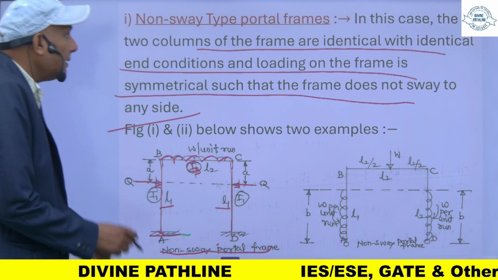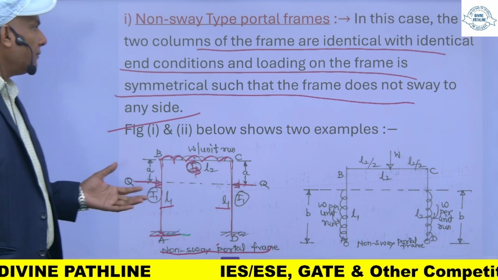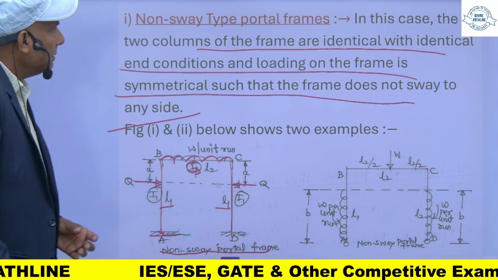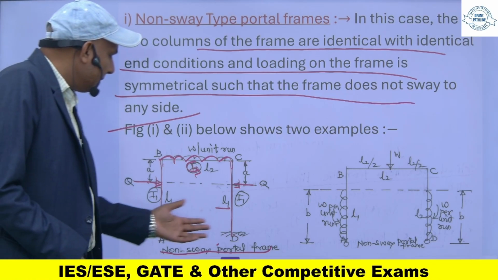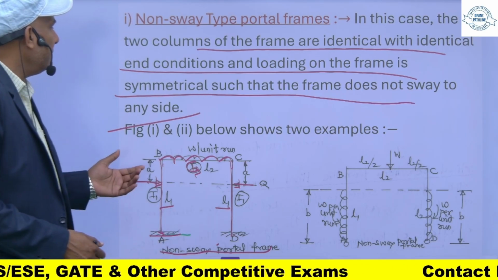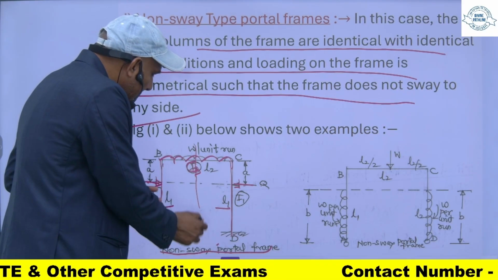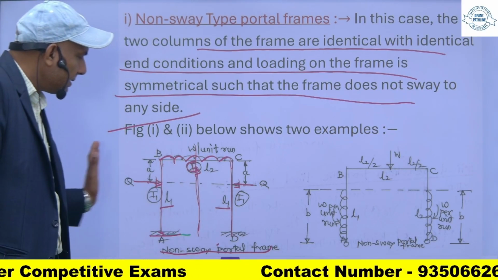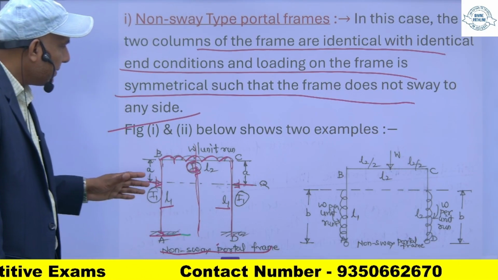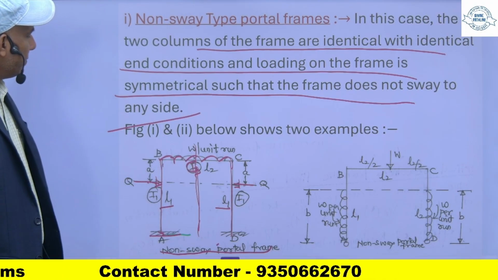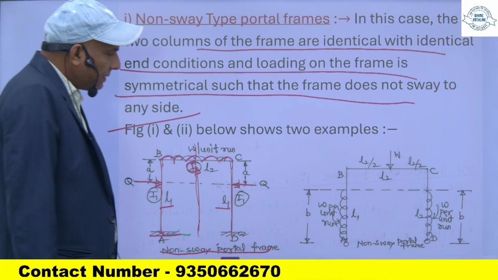So when the columns of the frame are identical with identical end conditions and the loading of the frame is symmetrical, if you cut it, you will get the same portion. Such a type of frame is non-sway. One figure, another figure.